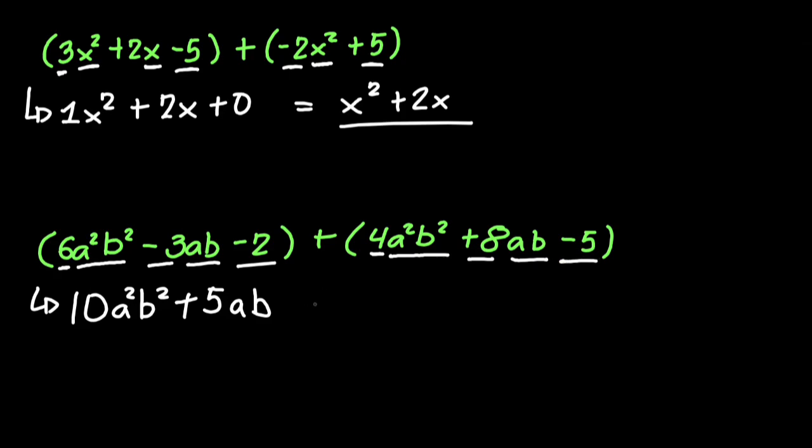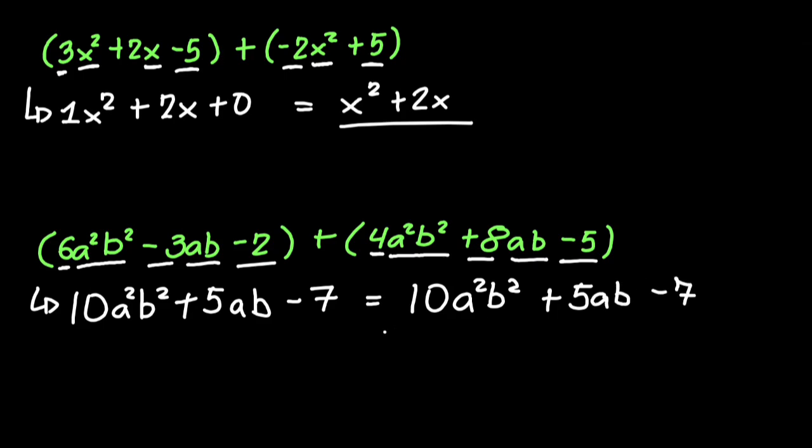So negative 2 plus negative 5, it is simply negative 7. Simplifying this, it will be 10a squared b squared plus 5ab minus 7.